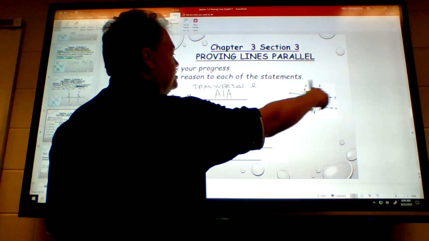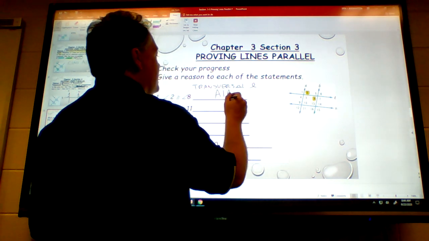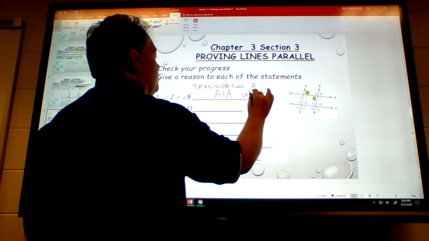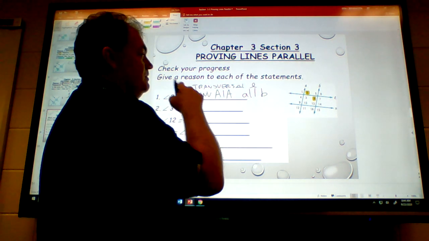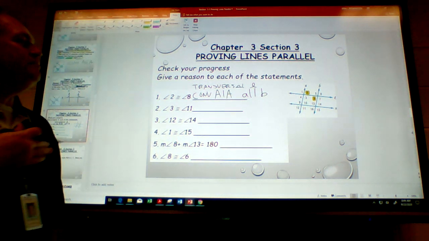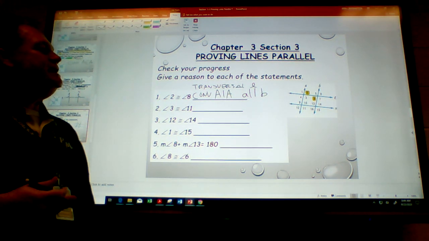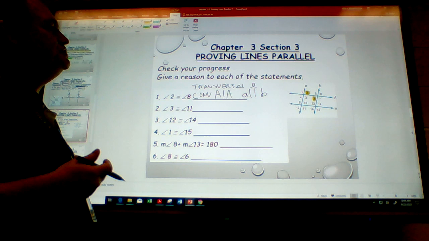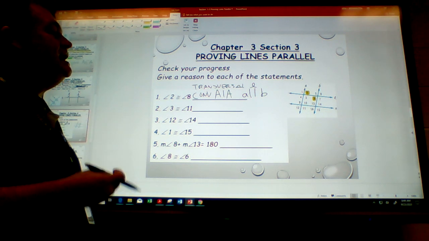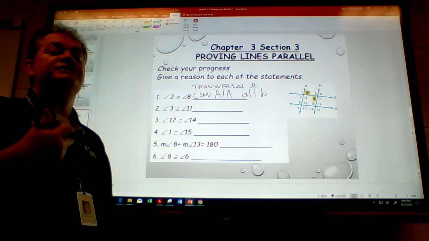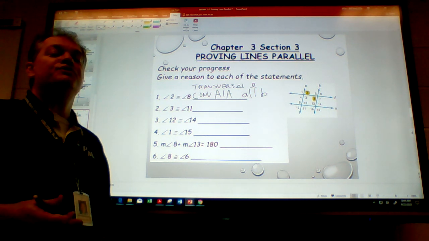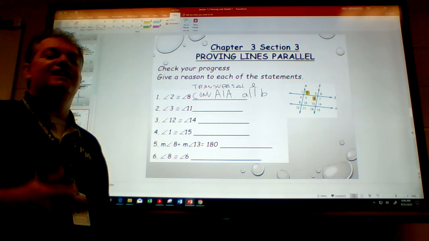So if L is the transversal, then that means that A has to be parallel to B. But why? That is the converse of alternate interior angles. Line A is parallel to line B because L is the transversal for angles 2 and 8, and that is by the converse of alternate interior angles. They are alternate interior angles with one another, but to prove lines parallel, you have to have the converse.